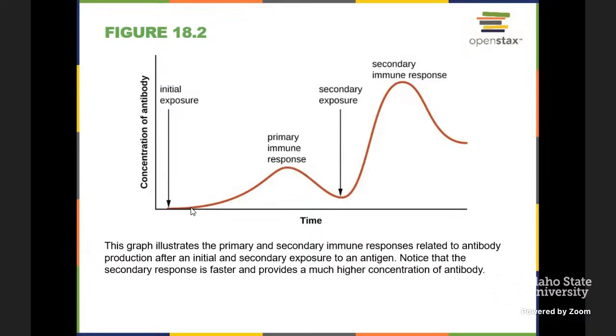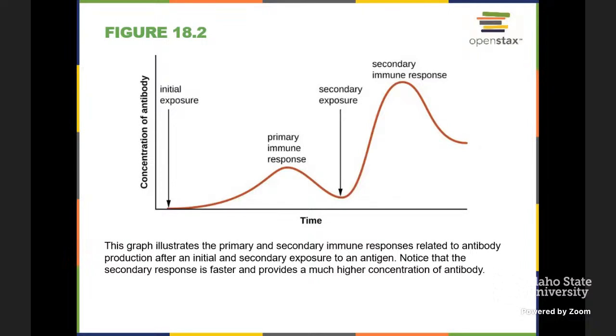So a week, give or take a little bit, we might start seeing the hint of some antibodies being produced. And these levels of antibodies increase as we are trying to combat those pathogens. We hit a peak in that primary response.